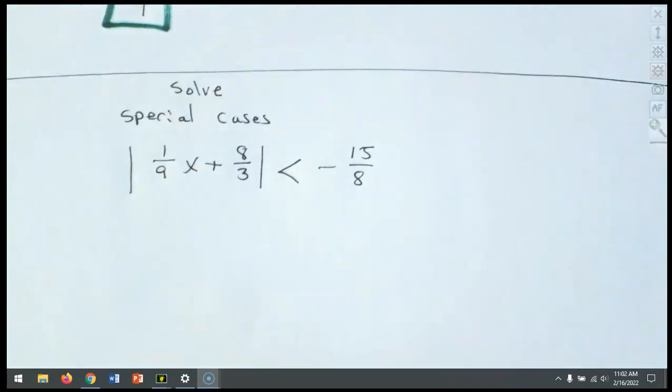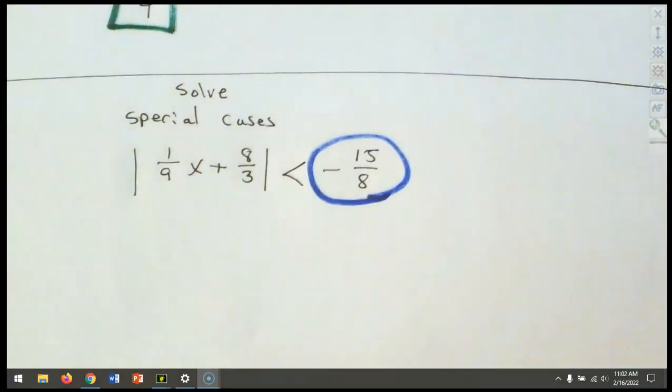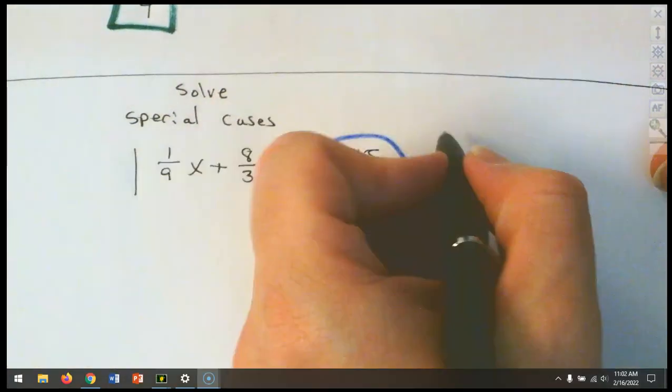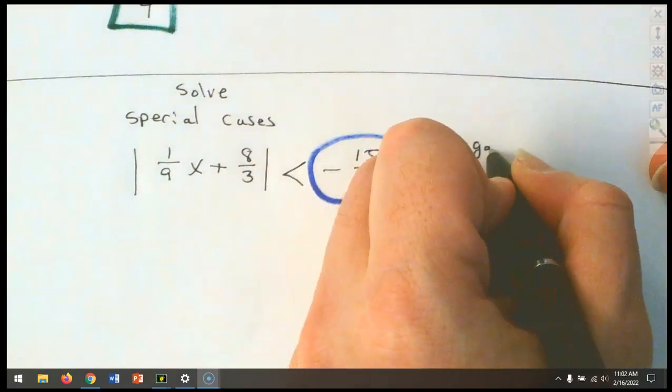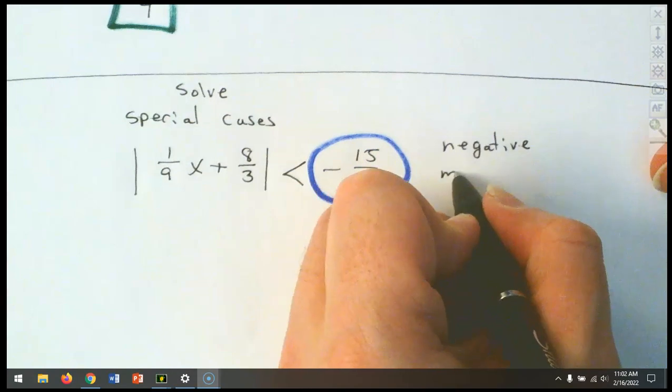When I look at this problem, it looks like it's going to be a lot of work. We have all these different fractions, all these different denominators, but we're not going to really have to do anything. Why not? Because this is what? Negative. That makes it a special case.